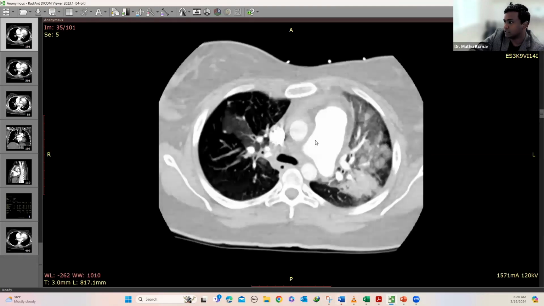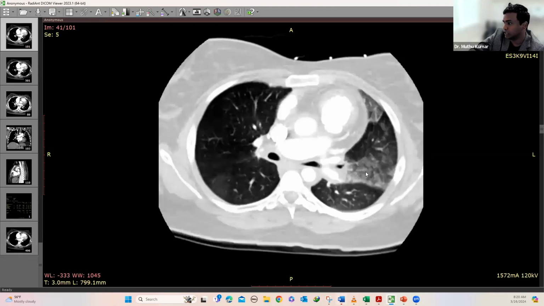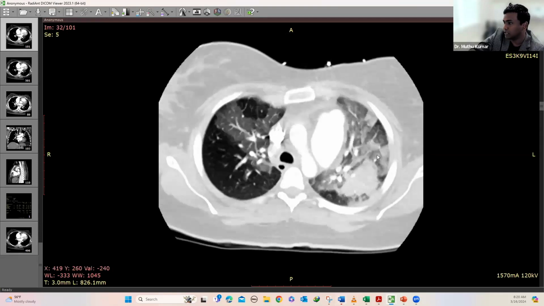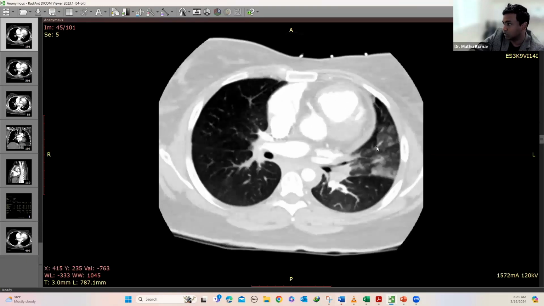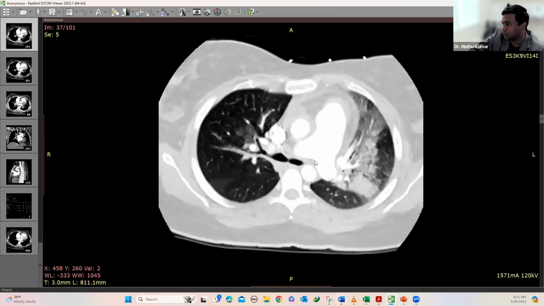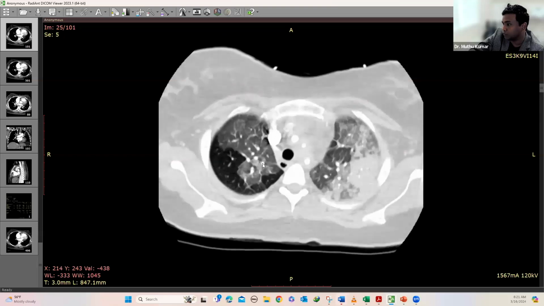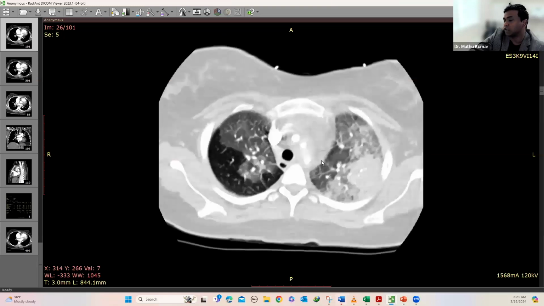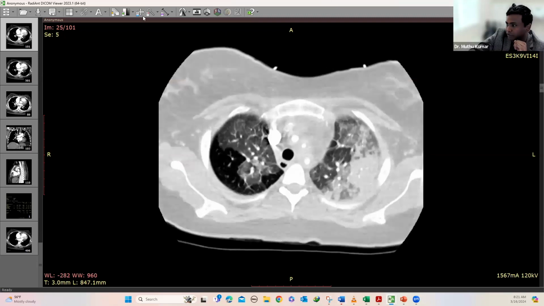Then coming into the lung parenchyma, what we are seeing here is mass-like consolidation surrounded by ground glass opacities all around, and also in the lingula, left upper lobe, and right upper lobe, with smooth interlobular septal thickening. So what are all the findings we are having?